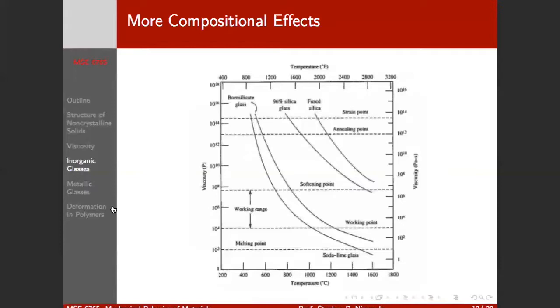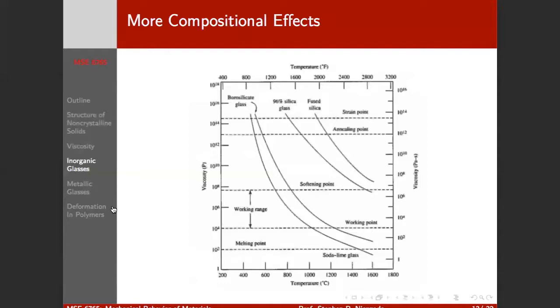There's a couple arbitrary definitions when you're working with glass. Obviously, the melting point, it's sort of a range. The melting point is defined when you have a viscosity of 10 to the 2 poise.